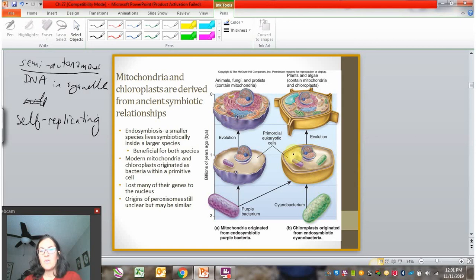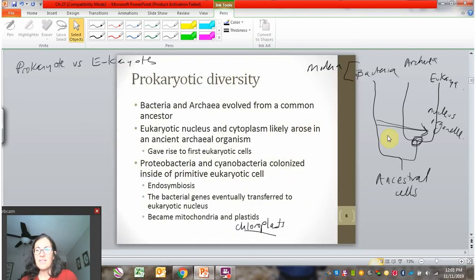So in plants, you had both a proteobacteria and a cyanobacteria that colonized the inside of the eukaryotic cell. And this would eventually give rise to plant cells that contain both types of chloroplasts over long periods of time. So again, that's explaining this line across here. So again, eukarya derived from an archaeal ancestor, but we have transfer of proteobacteria and cyanobacteria to the eukaryotic cell through endosymbiosis.